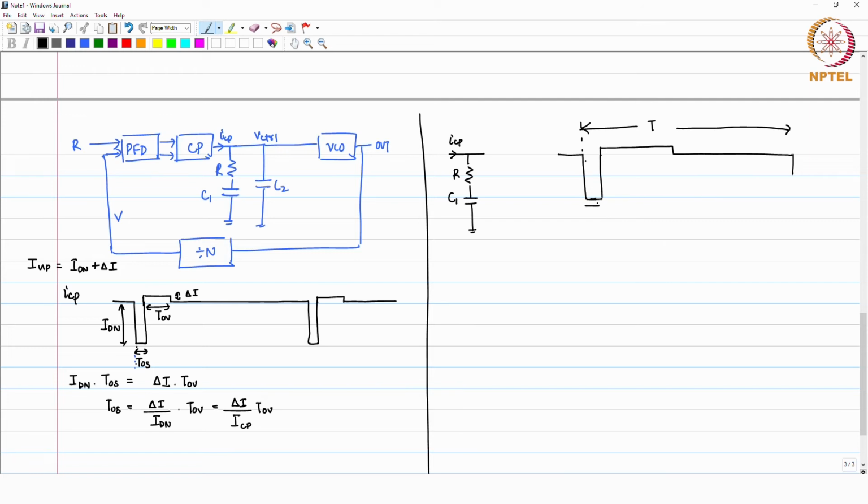This is my T offset. So, in response to this ICP, I am going to have a V control voltage. ICP is negative. So, your V control voltage will take a jump, and then it will integrate in the negative direction.